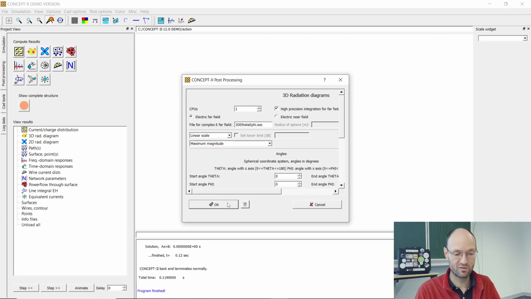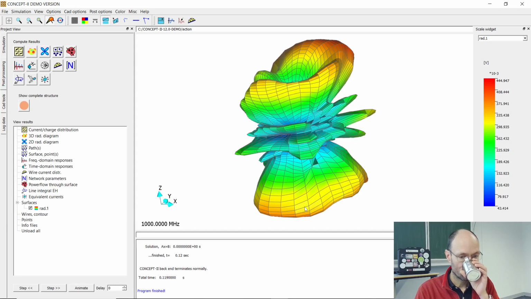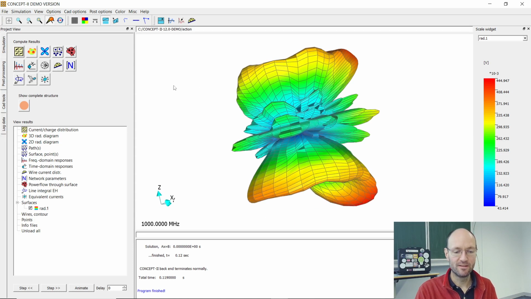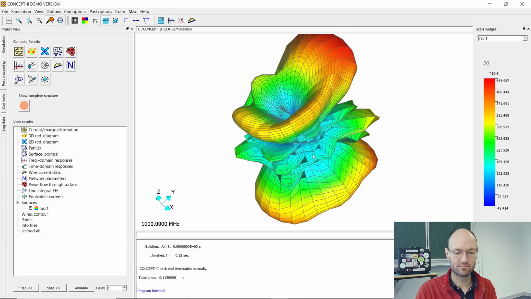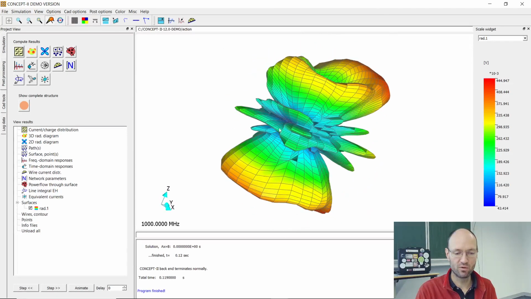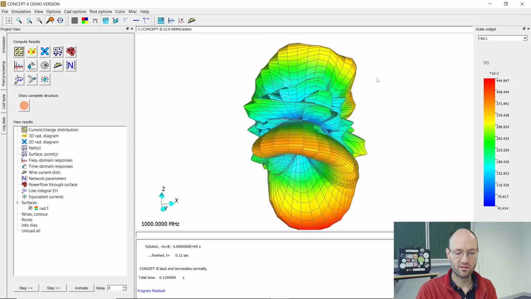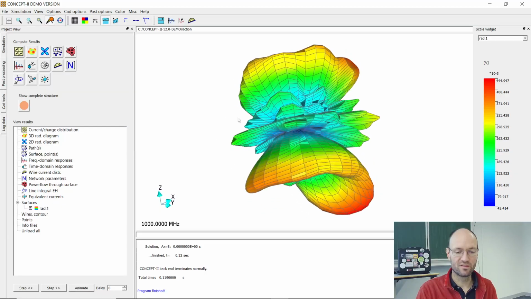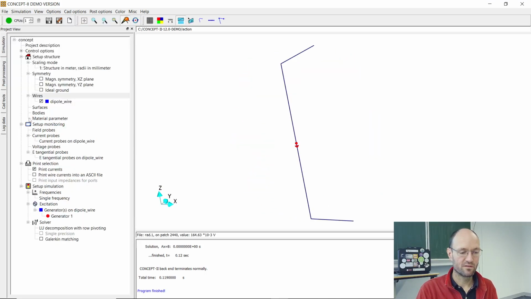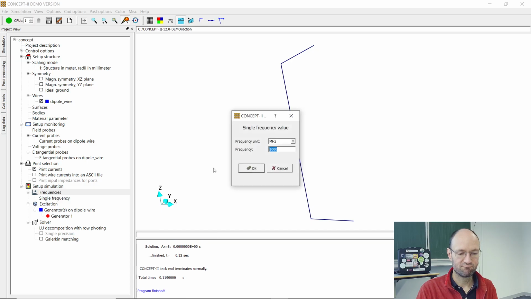Go to the post-processing. Yeah, and now it's somehow radiating more to the top, more to the bottom. It always takes some time until I can fluently rotate it, and not so much to the sides. And so remember, frequency is still not super high, just 1 gigahertz.